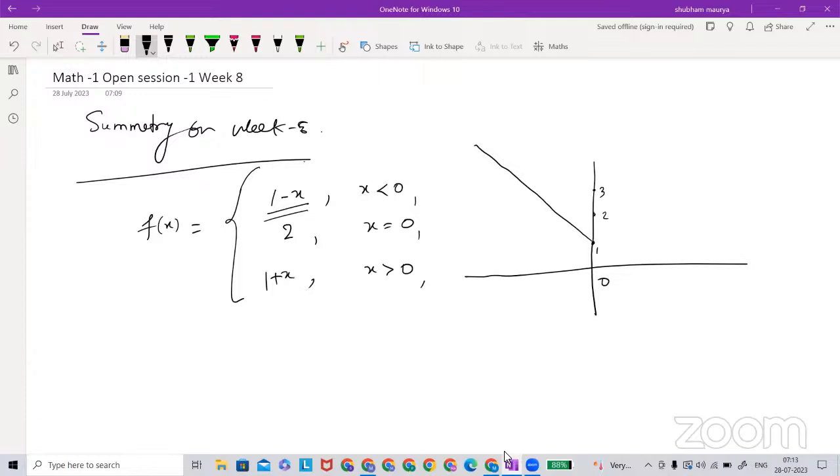And when x is positive, we again have a linear function, but see how it is, this line. This is the y-intercept. At 1 it will intersect the y-axis, correct? So again from here it will go.